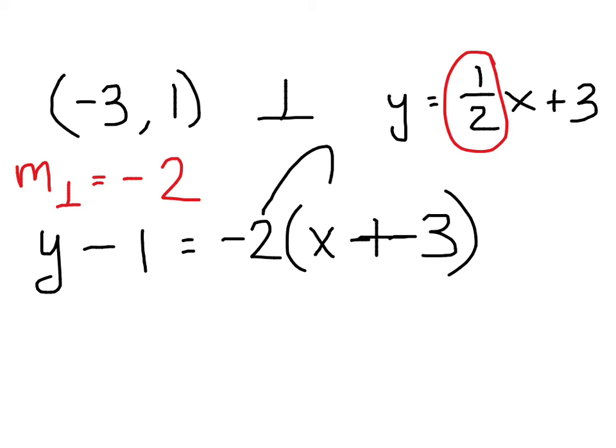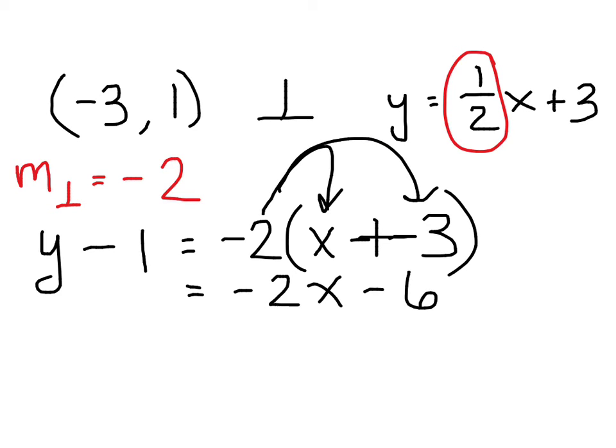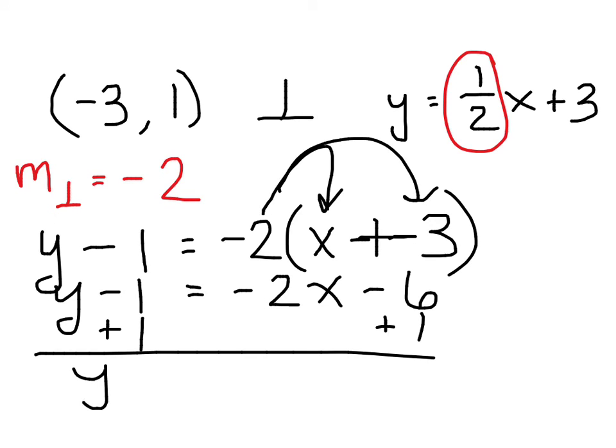Distribute, what's -2 times x? Good job, Zach. What's -2 times 3? And then how do I get rid of a subtract 1? Add 1. Good job, Zach. Y equals, what's my final?